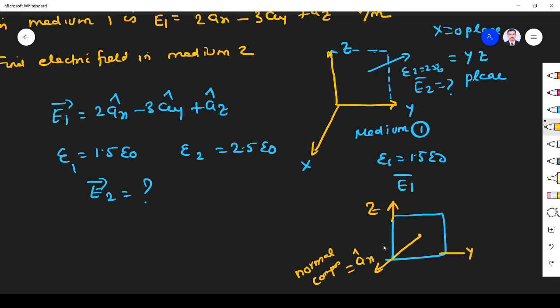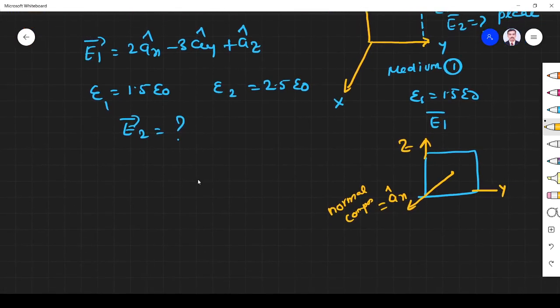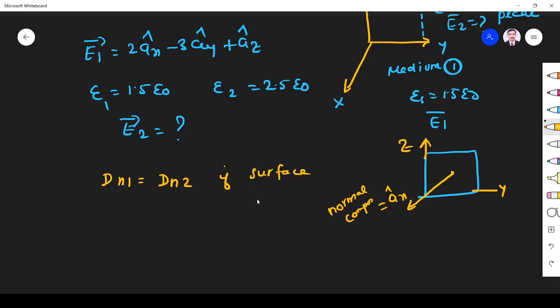So at a boundary, what do we know for the electric field? Dn1 is equal to Dn2 if the surface charge is 0. Here they don't give anything about surface charge.